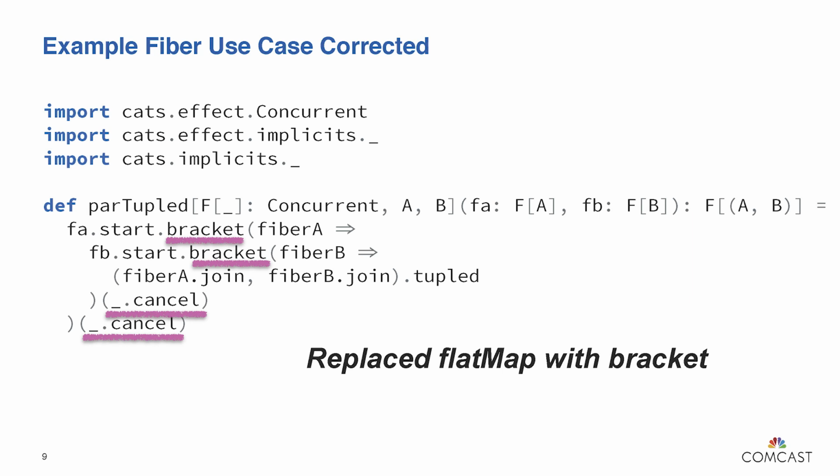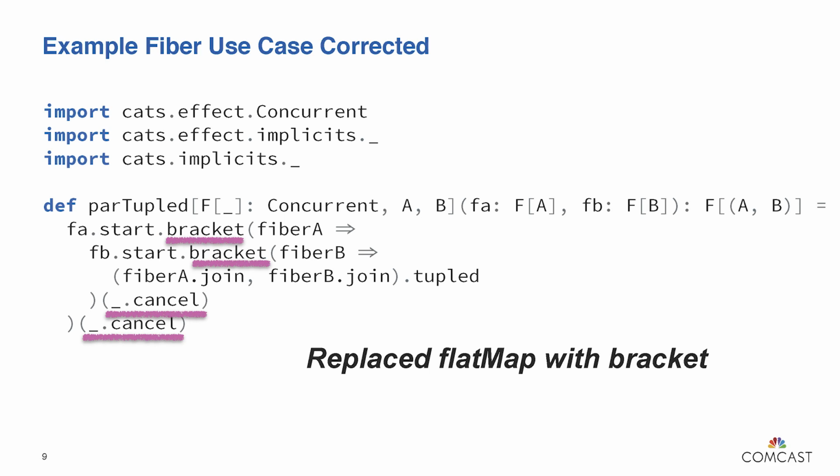So basically all we're doing in this mechanical refactoring is replacing our flatMap calls with calls to bracket. Now bracket takes two argument lists. The first looks like flatMap, an A to F of B. The second is a cleanup routine. So no matter how we terminate, whether it's normal termination because we've computed the value, termination due to an exception, or termination due to a cancellation, we're guaranteed to have this cancel operation get called.